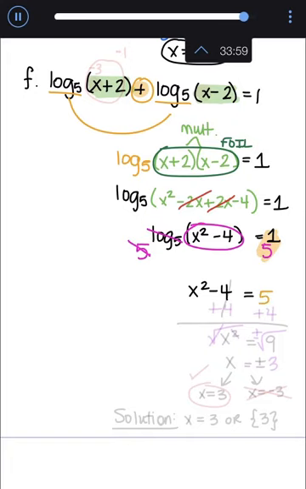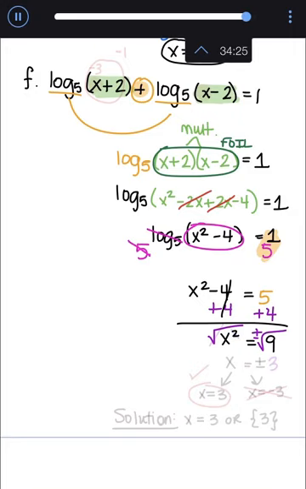Now we can solve that like we would a normal equation by adding 4 to both sides, which will give us that x squared equals 9. Now, how do we get rid of something that's squared? Remember, we take the square root of both sides of the equation without forgetting to put a plus or minus symbol on when we take the square root of both sides.